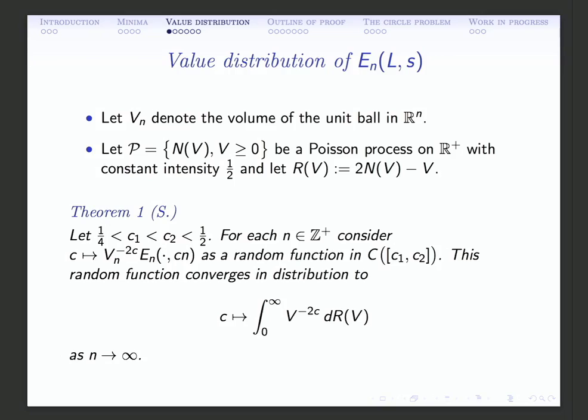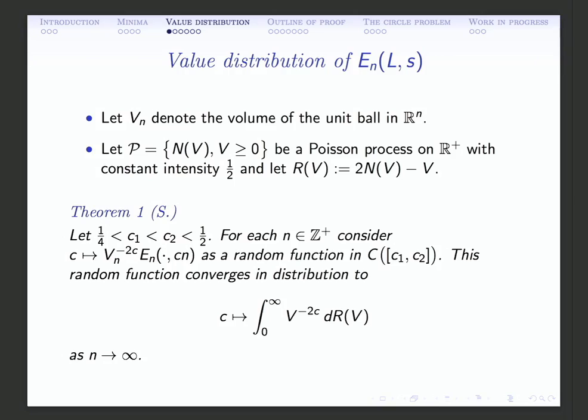And the result really says that I can understand this random variable, and I can even give the limit distribution as the dimension grows to infinity. And I can give it explicitly in terms of the Poisson process that I introduced at the top here. So I get the limit variable, which is a random function, and it's integrating v to the minus 2c against this measure that comes from the Poisson process.